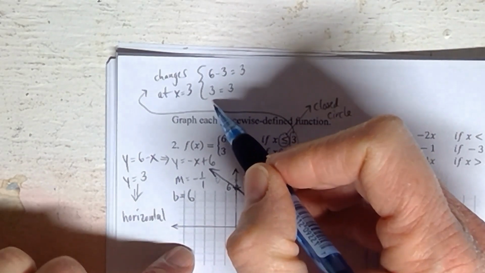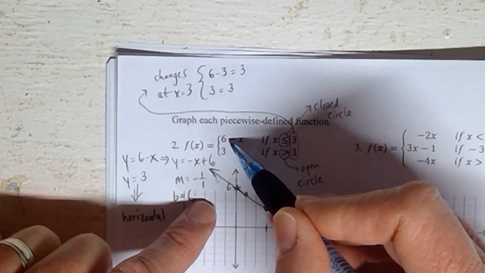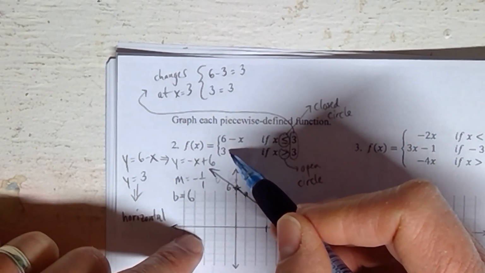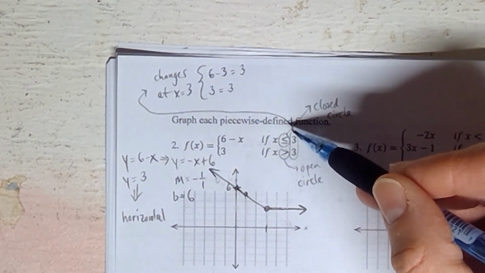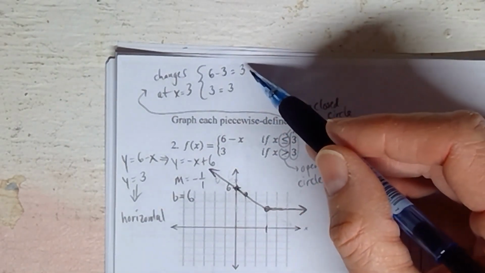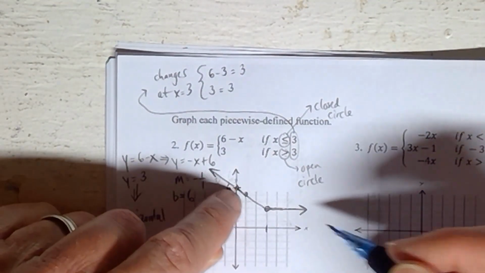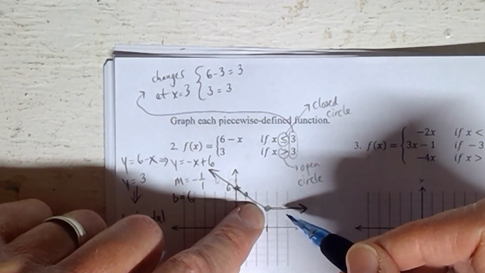That's what the y value is, because these things right here, when you plug them in, they are equal to f of x, which is the y value. So you take the number where it changes, you plug it into both of these, and whatever numbers you end up with, that's the y value where that portion of the graph ends.